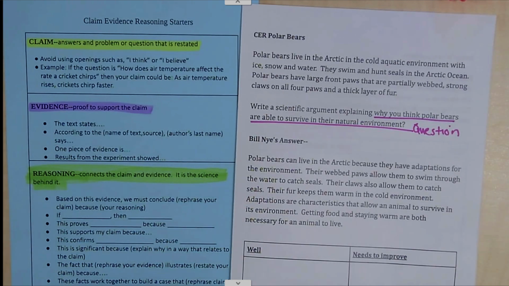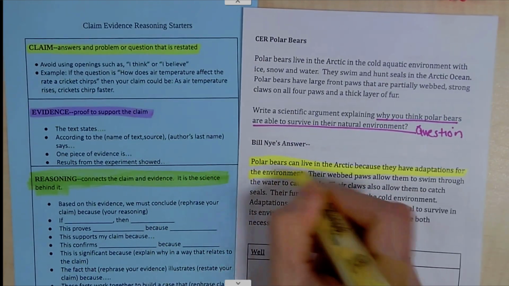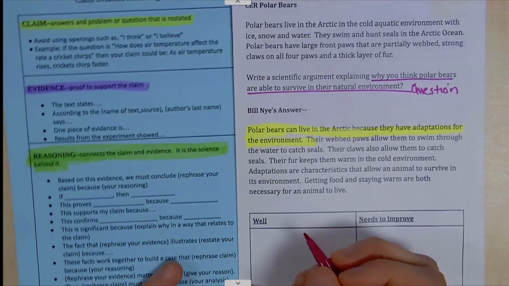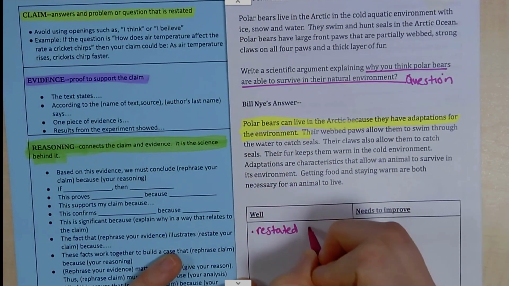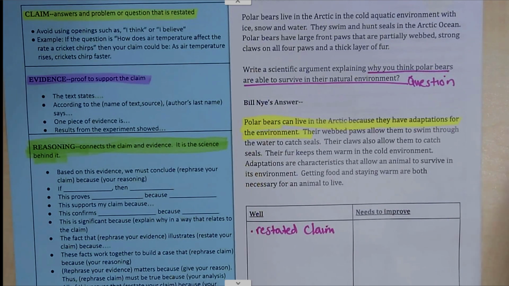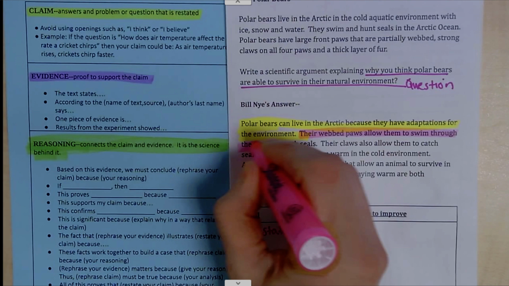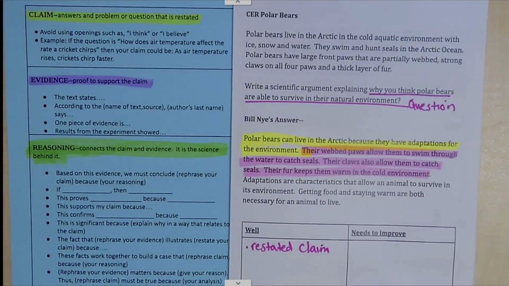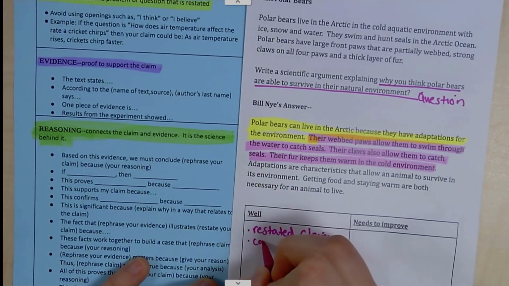Well, I'm using yellow for claim. They did restate our question, so that was something Bill Nye did well. So we're going to say restated claim. Also, we've got tons of evidence, so that's our proof to support our claim. Talking about the cold environment, their claws, it's also a correct claim.